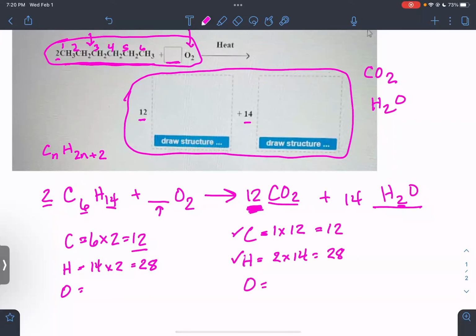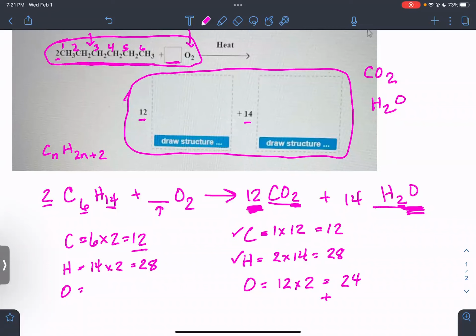Now my oxygen, be careful because you have to pull oxygen from 2 different places, right? So oxygen here, we have 2 times 12. So 12 times 2, that's 24, right? And then plus, we have some oxygen over here in water. So that's plus, and we have a subscript of 1, right?